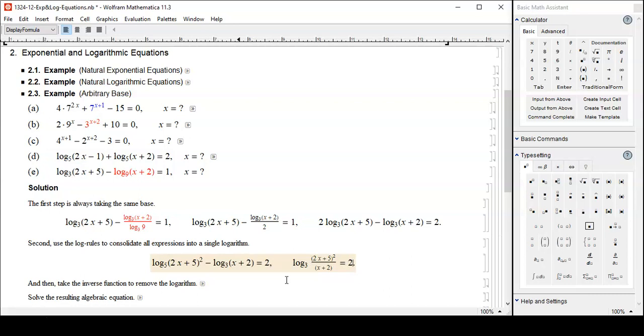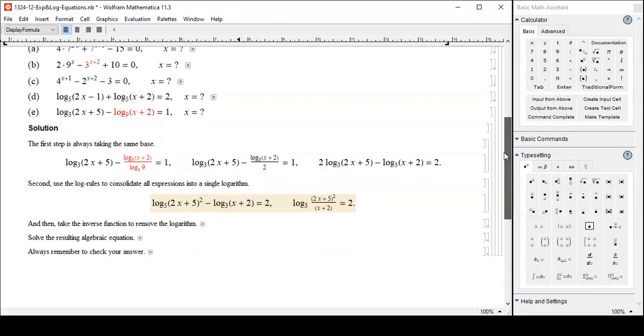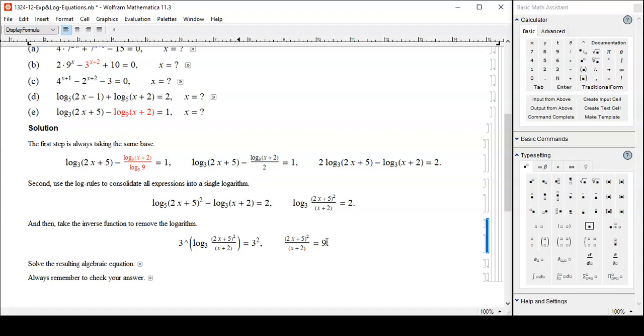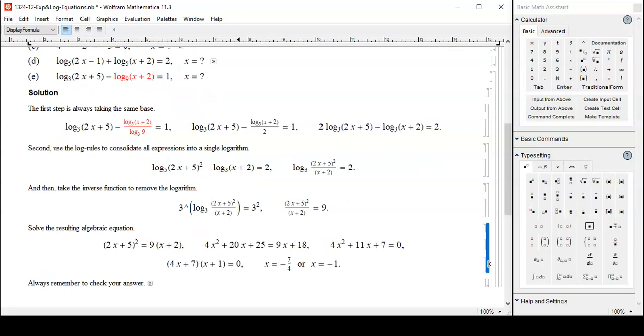Now, if you remove this log, we have 3 to the second power, so right hand side will become 9, like this. In the end, we got a rational equation to solve. Flip this denominator to the other side, we get a quadratic equation. Break up parentheses, take the like terms together, and then refactor. Voila, we have 2 candidates of answers.